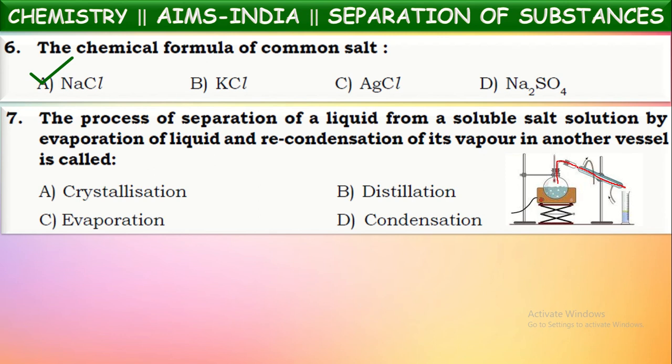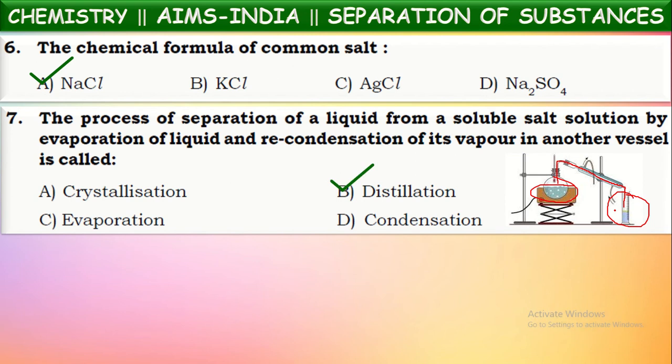The water vapor is cooled in the delivery tube by a condenser, converts back into liquid, and is collected in this container. So pure liquid is separated from the mixture of salt and water by the process called distillation.